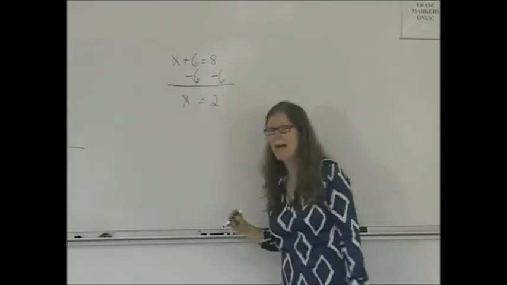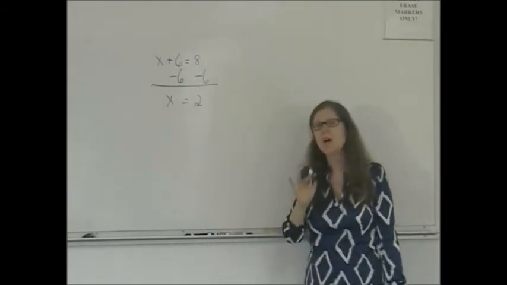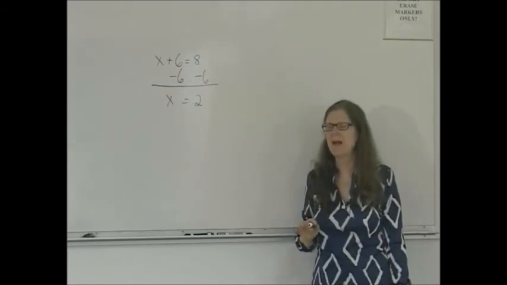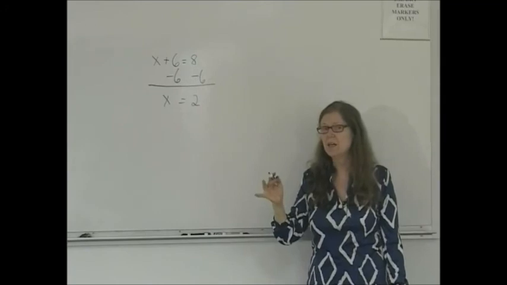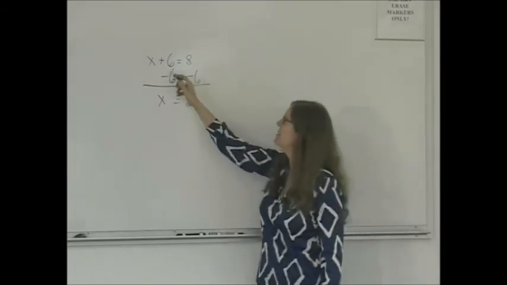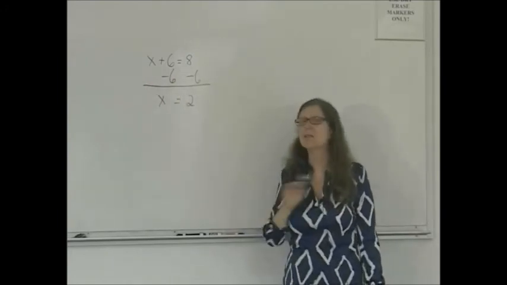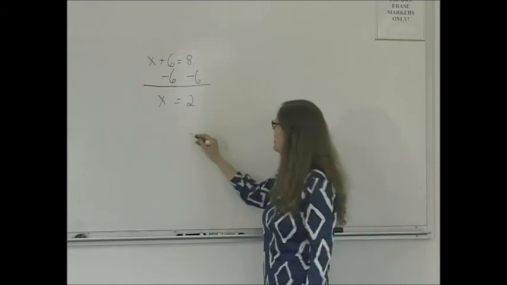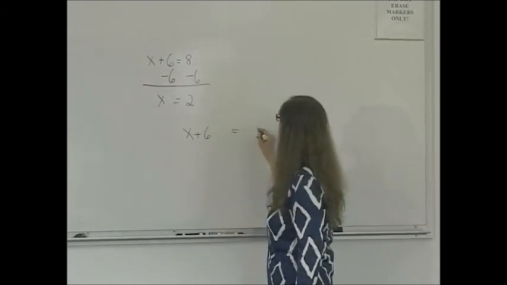And I want to point out that instead of thinking of it as subtracting 6, what's another way of saying subtract 6? I could call it adding what? Adding a negative 6, because subtracting a positive 6 and adding a negative 6 mean the exact same thing. So look how that would be written. I would say x plus 6 is equal to 8.